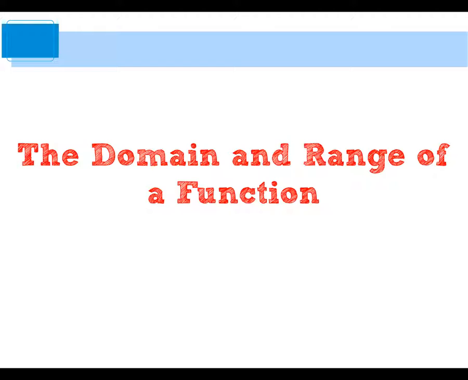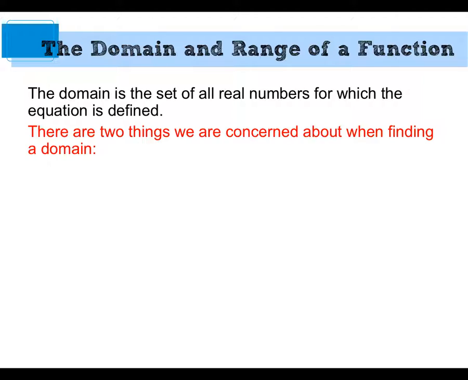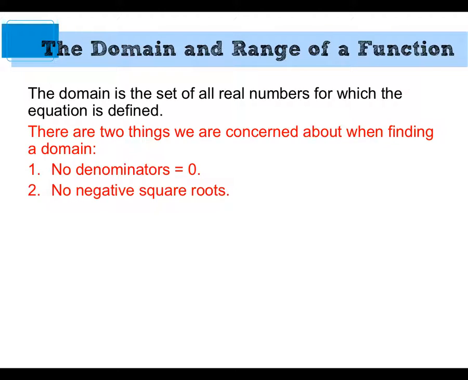Domain and range. We talked about already, the domain is all the possible x values. The range is all the possible y values. What are the 2 things we're concerned about? What causes problems for us in the function world? Jimmy. Negative square roots. And? 0 denominator. Okay.